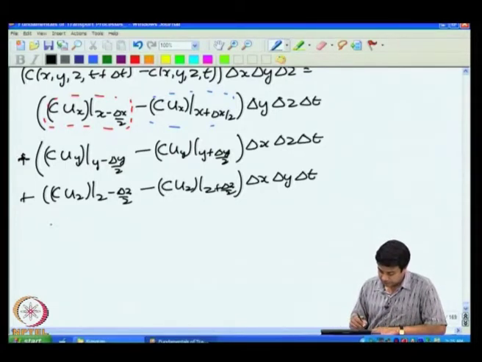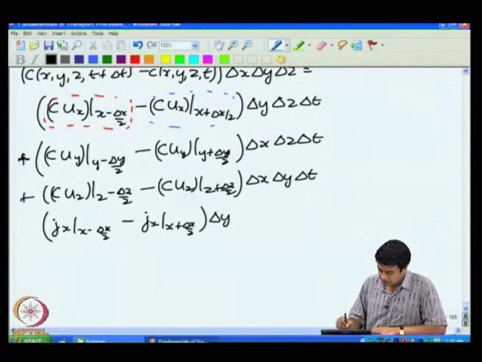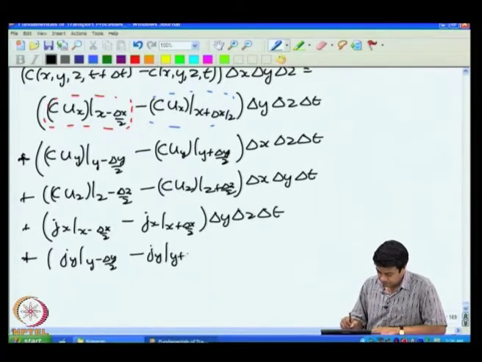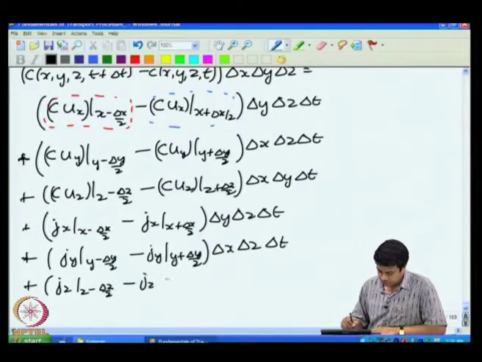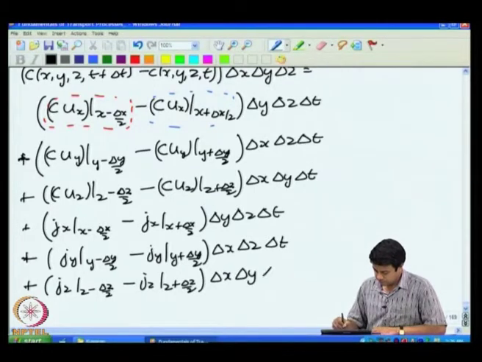So, that diffusive contribution is J x at x minus delta x by 2 minus J x at x plus delta x by 2, delta y, delta z, delta t plus J y at and so on.